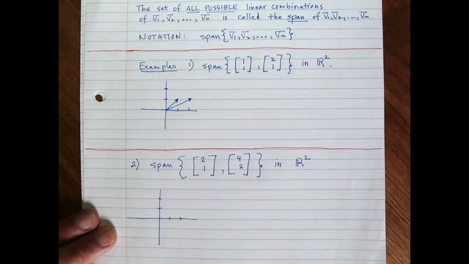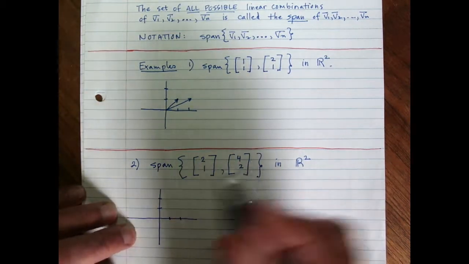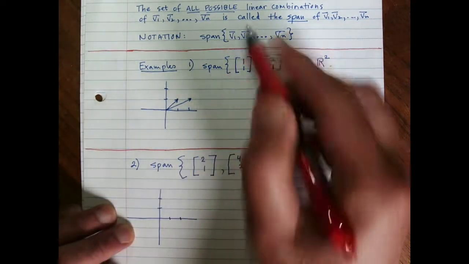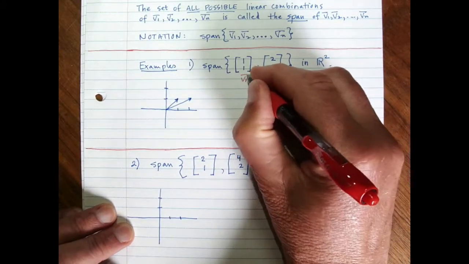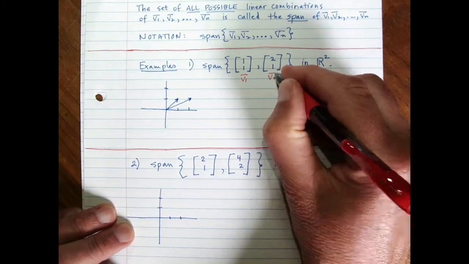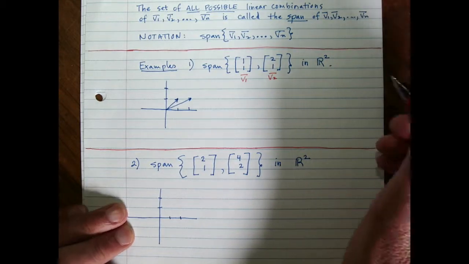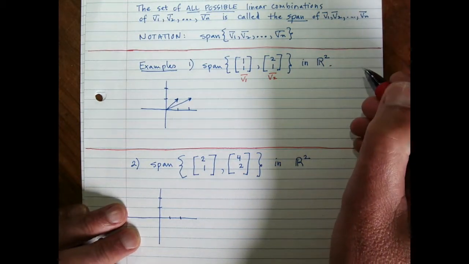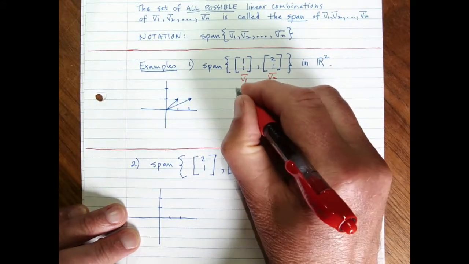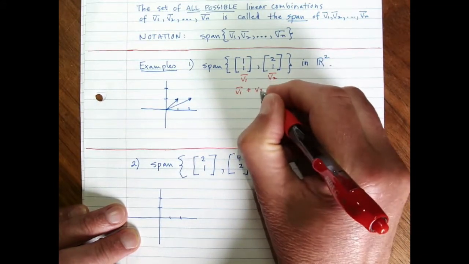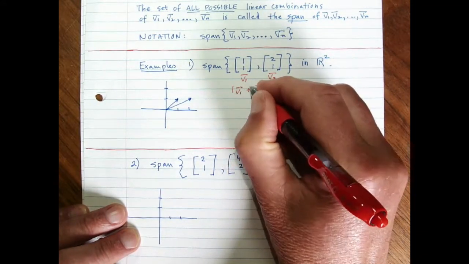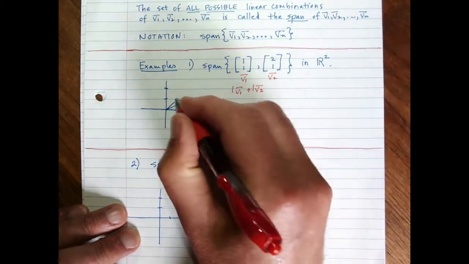Now I can maybe give these names. Maybe let's call them v1, v2. So how can I get linear combinations? Well, there are a lot of things I could do. I could take v1 plus v2. That's sort of like 1v1 plus 1v2.